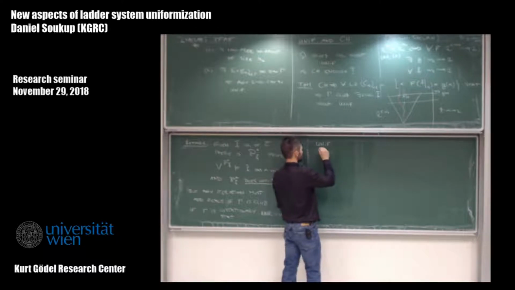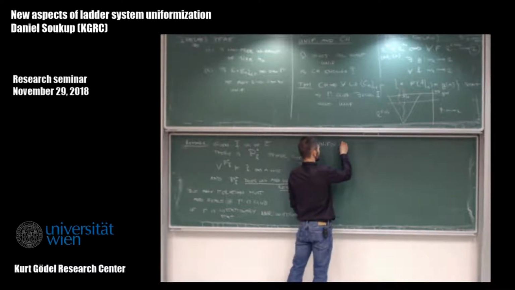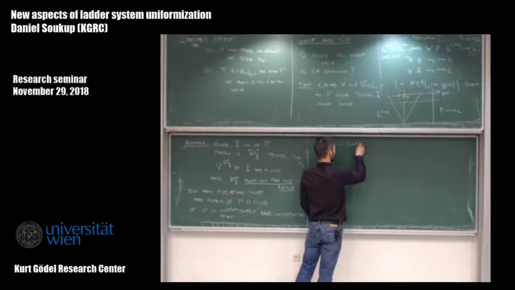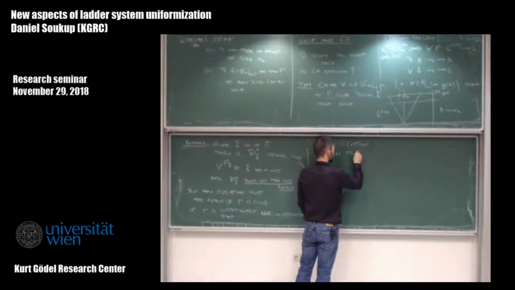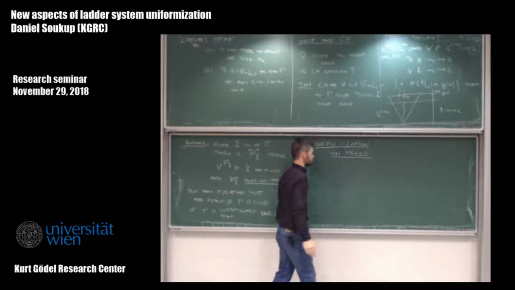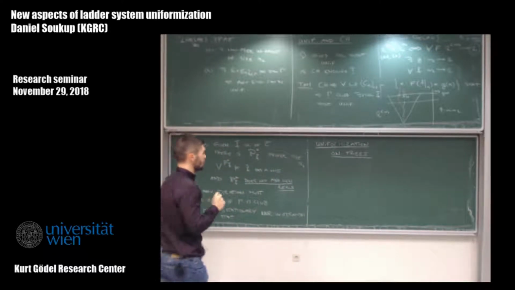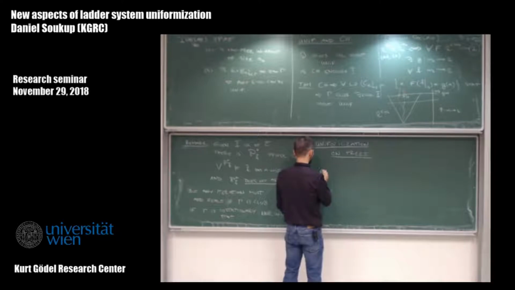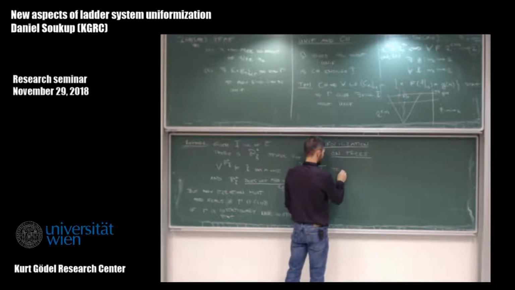Okay, so here comes the new aspect, and that's uniformization on trees. What types of trees are we talking about? We're going to talk about trees T, trees of height omega-1.